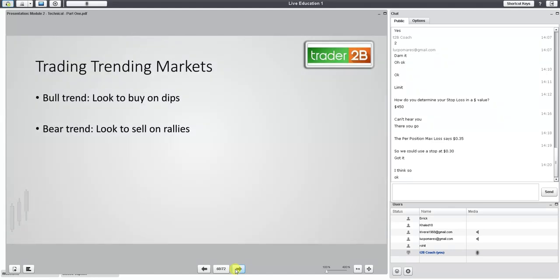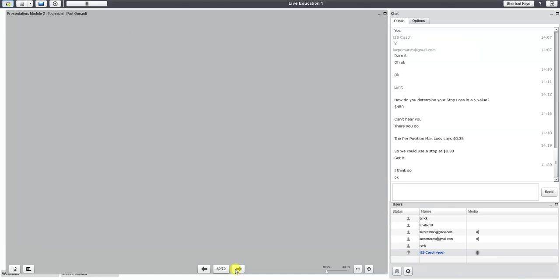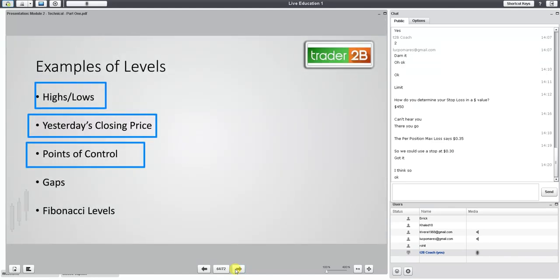Point of controls often act as very strong anchor points for the markets to use as a level, and I'll show you more examples of this in the future.